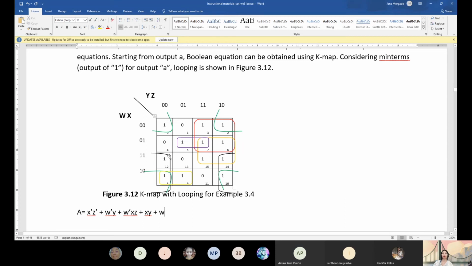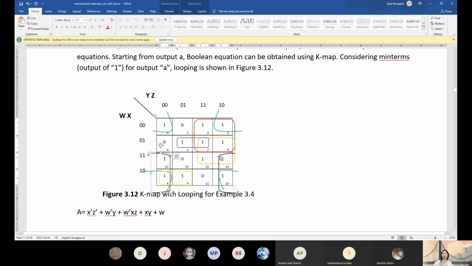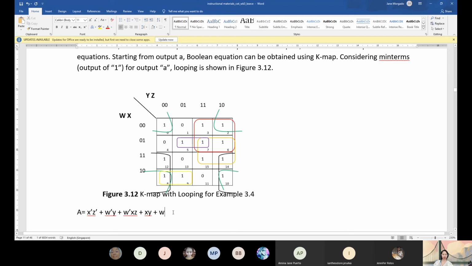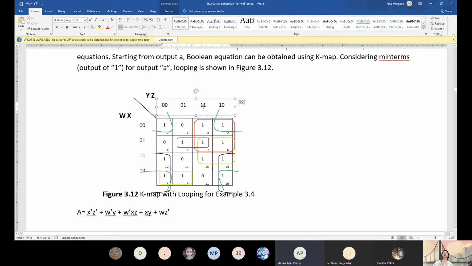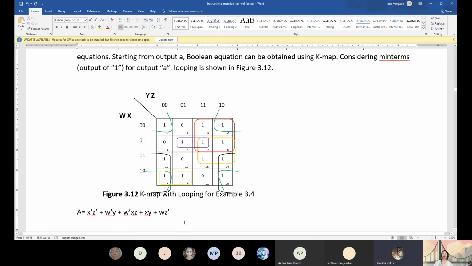With respect to YZ, we have two values: 0, 0 and 1, 0. Compare Z. Z is 0, 0, so Z prime. And for Y, we have 0, 1. Eliminated. So we have 4 loops: 1, 2, 3.